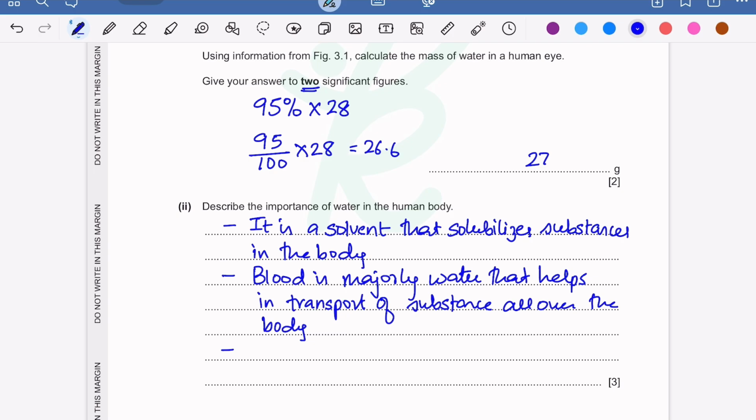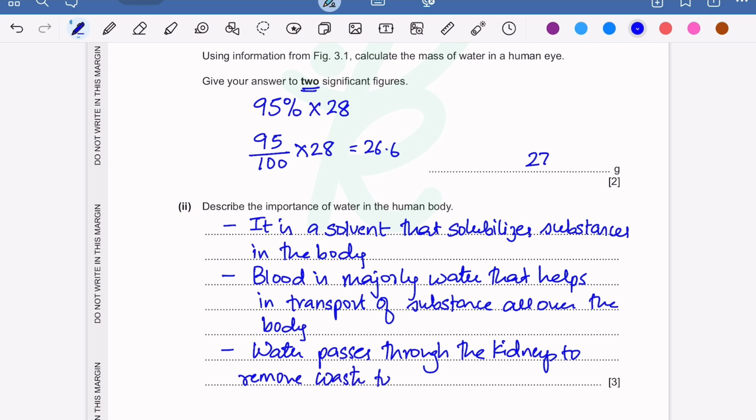And the third point we can say is water passes through the kidneys to remove waste toxic substances from the body.